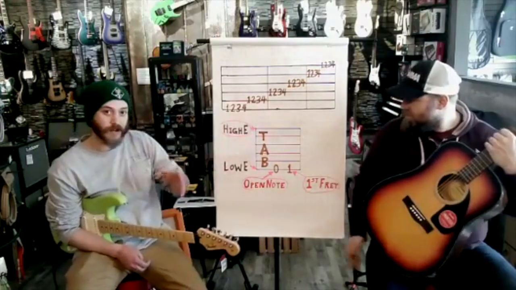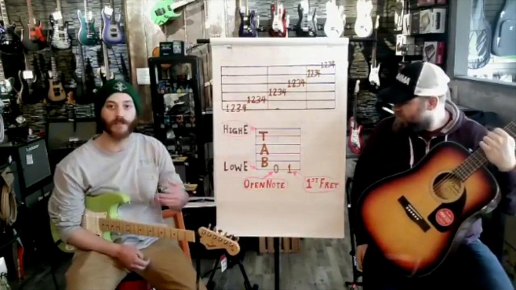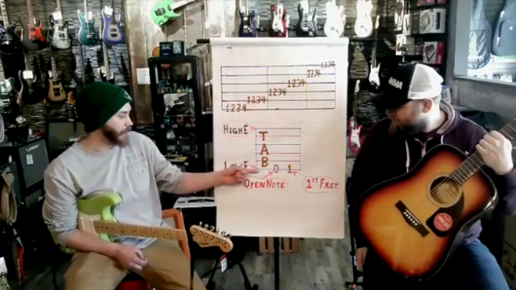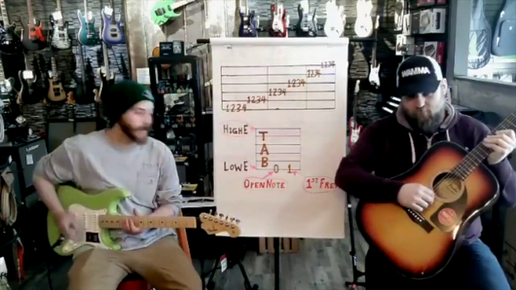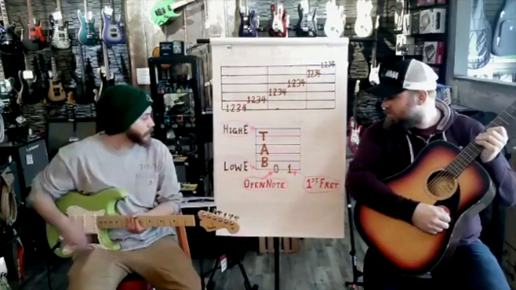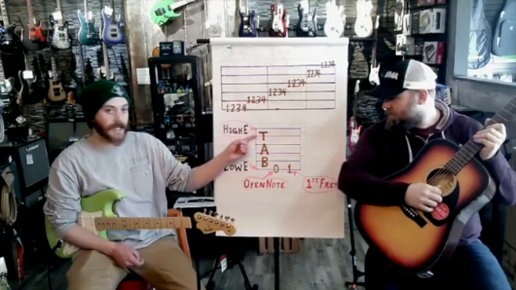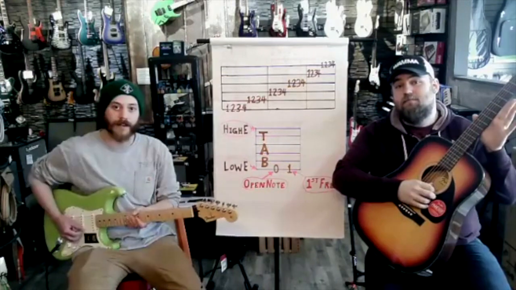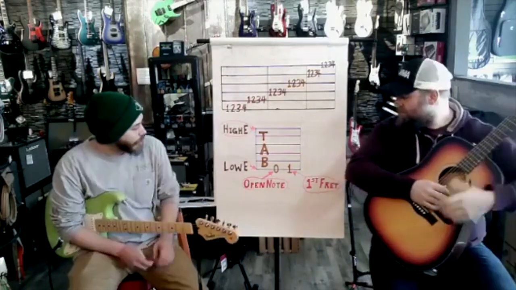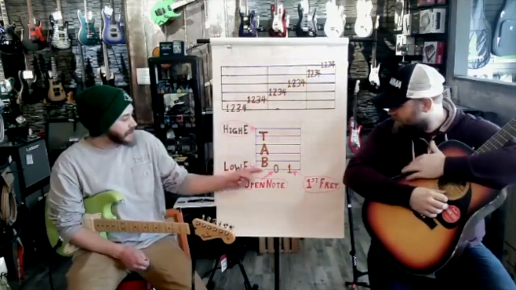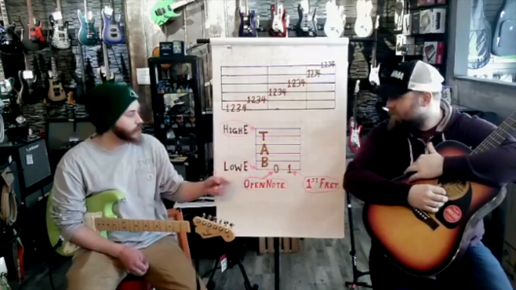The way the strings are laid out is similar to the way we're doing our chord charts. So we have our low E, our top string, here on the bottom. And then we go E, A, D, G, B, and then there's our high E right there. All right. So these lines going left and right represent our strings.